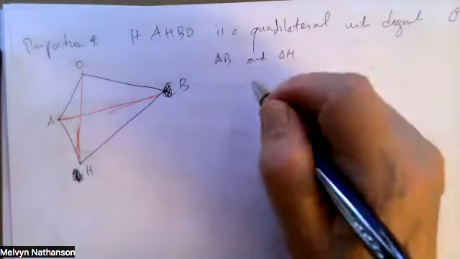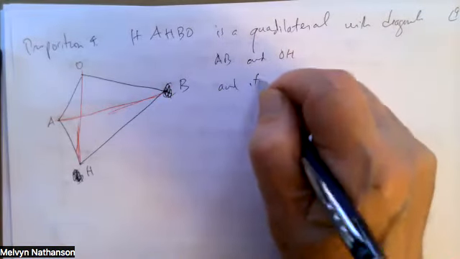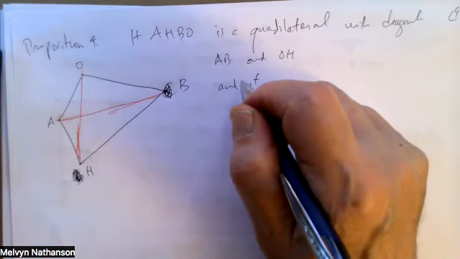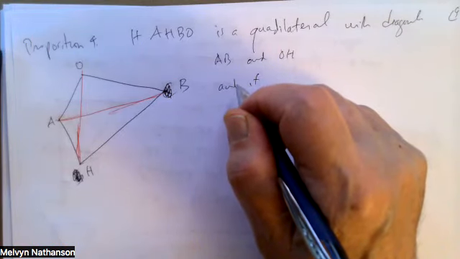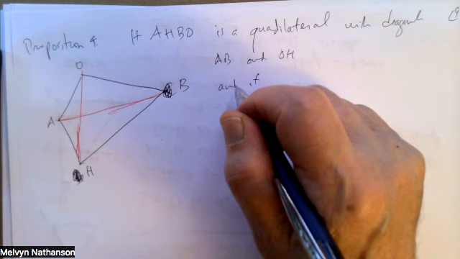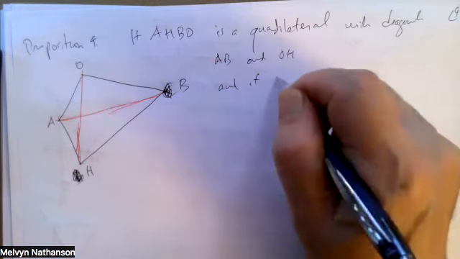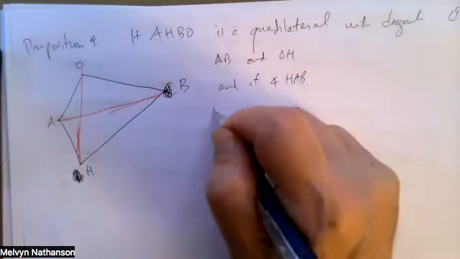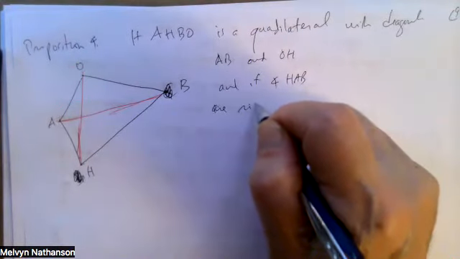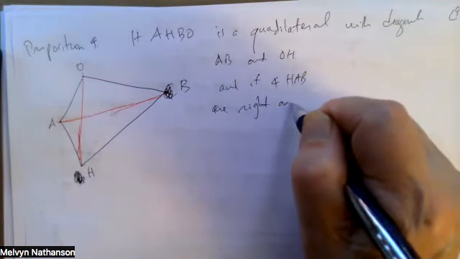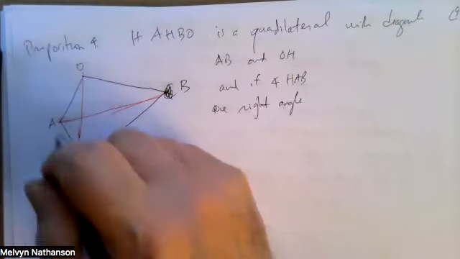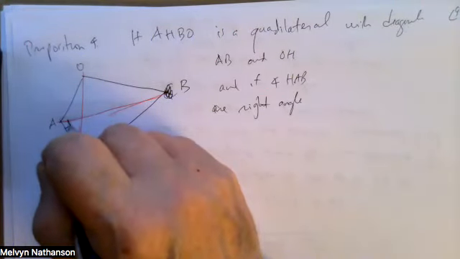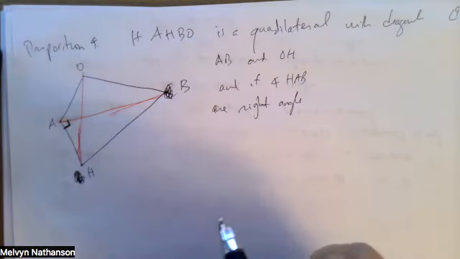And if the angle HAB, I want this to be a right angle. However badly I drew it, that's a right angle.